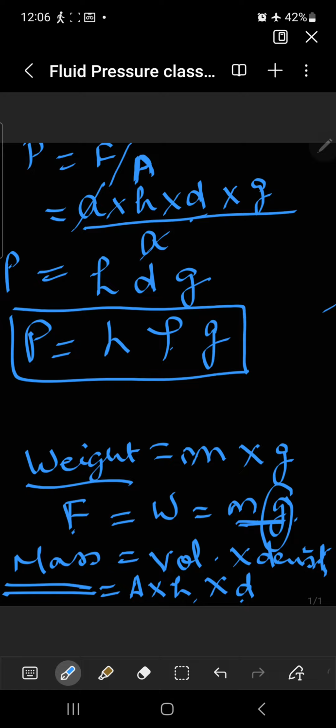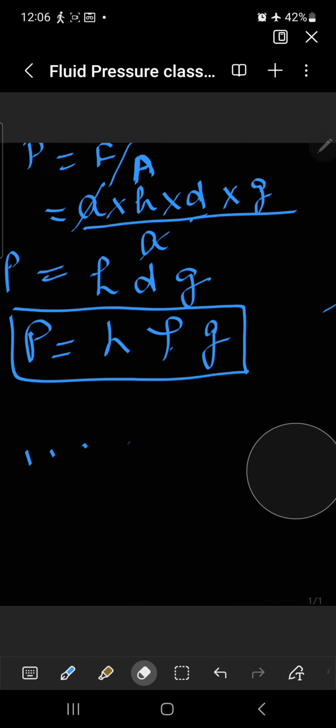This rho is the density. Now see, from the formula itself, this fluid pressure is directly proportional to the height of the fluid. This is the result which we get from the derivation, that pressure is always directly proportional to the height of the fluid.